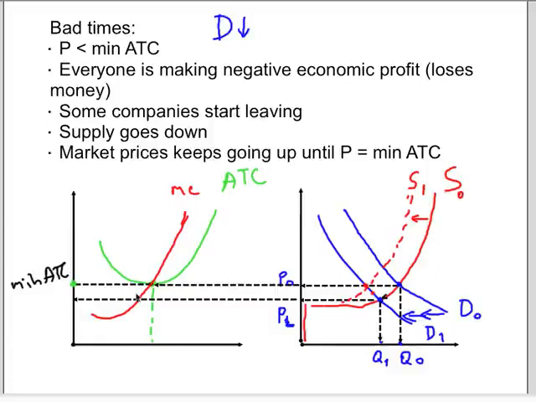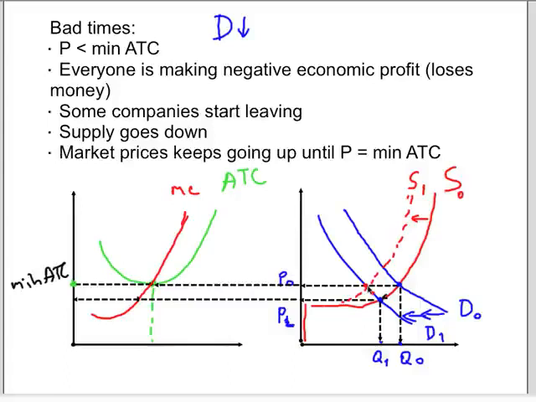Alright, so two steps. First, in the short run, we have a drop in demand. Decrease in demand reduces the equilibrium price. Firms start losing money, which in the long run results in some companies leaving the industry, which reduces supply. And supply will be decreasing, or in other words, companies will be leaving this industry as long as the profit made by each company in this industry is negative.